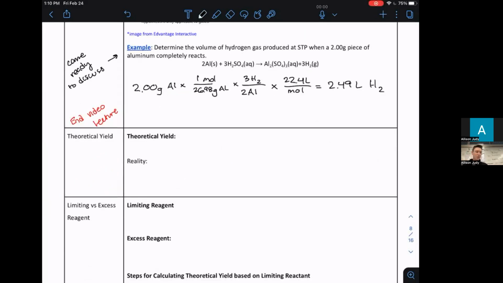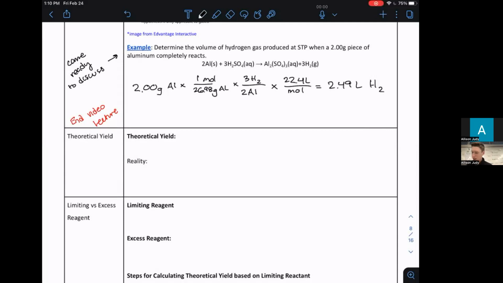Okay, on to the new stuff. Yeah, the class has decided that you're wrong, and I will trust them. So moving on. Today we're talking about theoretical yield as well as limiting versus excess reagent. Theoretical yield is, I mean, a lot of these things, scientists, or as Miss Judy has said, scientists aren't the most creative. So a lot of these things are a little self-explanatory.